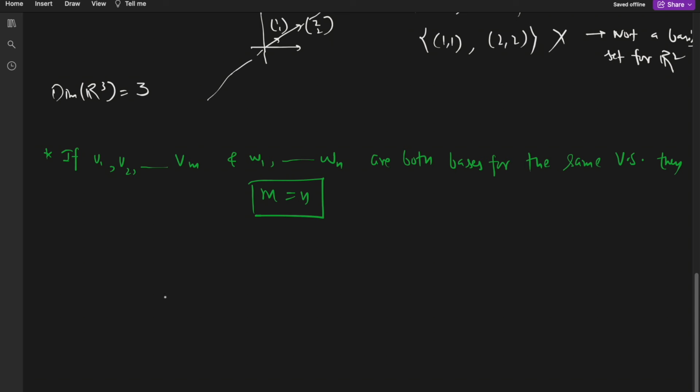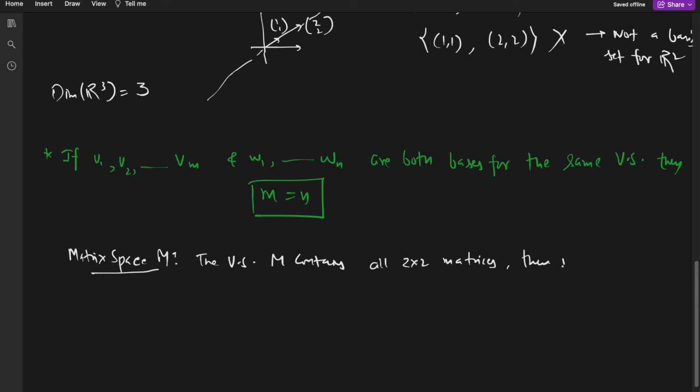For example, we have this matrix space M. This we already saw in the previous lecture. The vector space M contains all 2 cross 2 matrices, right? Then what is its dimension?